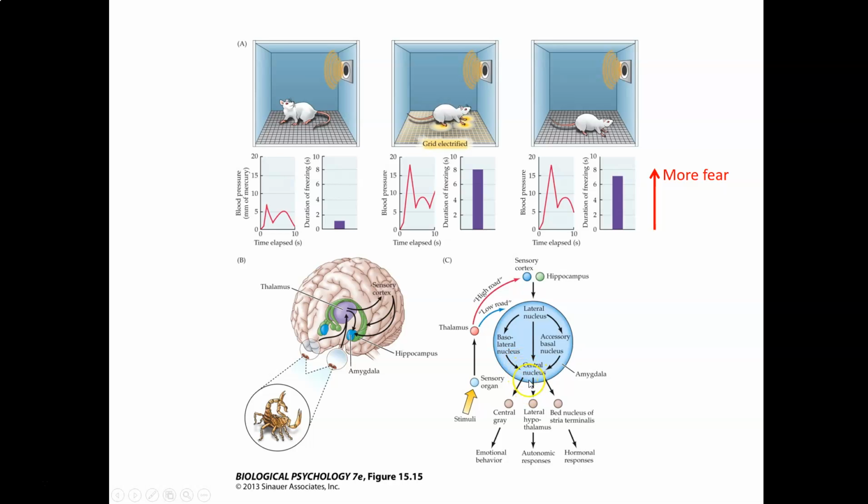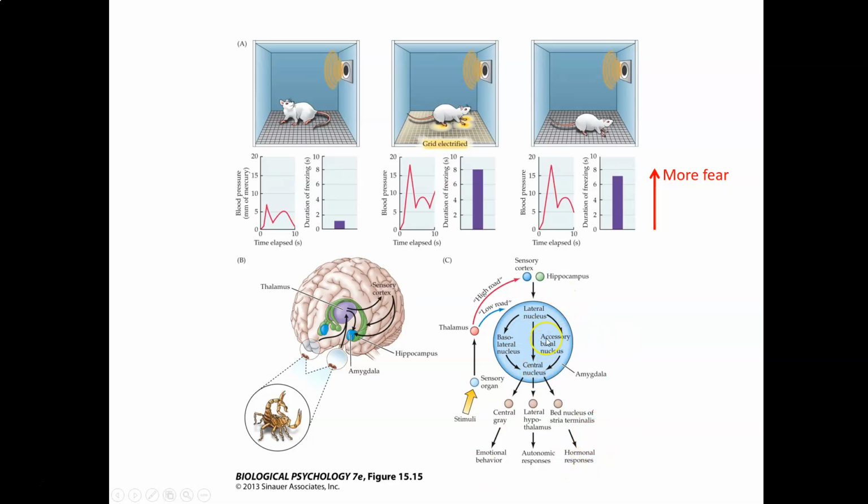From here, that information goes to a region called the central gray or periaqueductal gray, which leads to the behavior. We have the lateral hypothalamus, which leads to some of the autonomic responses. That is the increased blood pressure, the heart rate, and so on. And then we also have a hormonal response. This is a region called the bed nucleus of the stria terminalis, or BNST, and that then also goes to the hypothalamus as well, and leads to some of the hormonal responses.